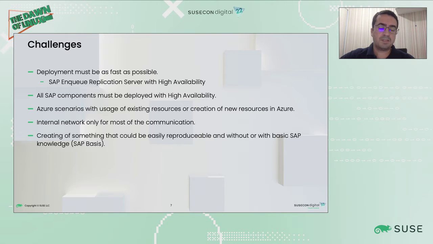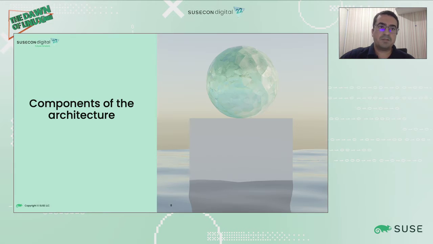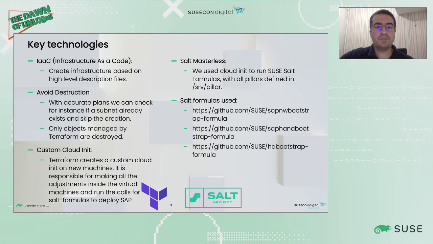So one of the challenges that we tried to tackle in this work was to make this deployment as easy as possible, in a way that people with no or basic knowledge of SAP and high availability could make it work without many changes.